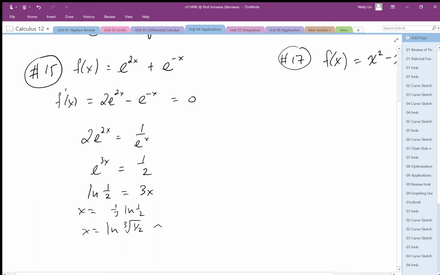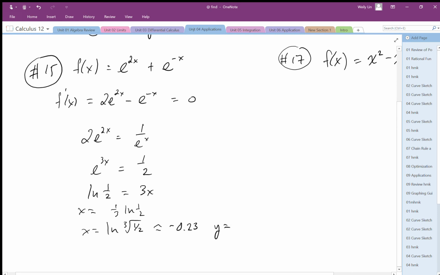Okay, so approximately, if I plug this into my calculator, I'm going to take the log of the cube root of 1 divided by 2. Okay, so I'm going to end up with a value of negative 0.23.